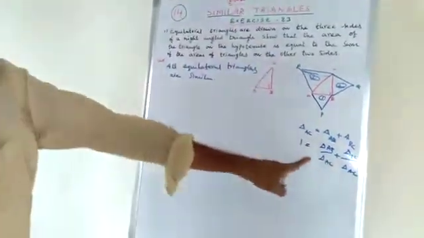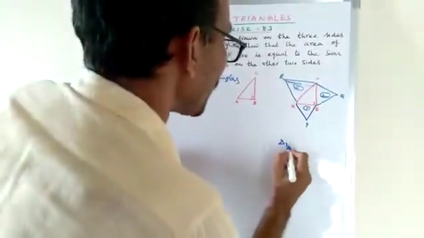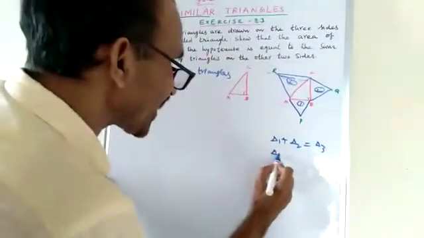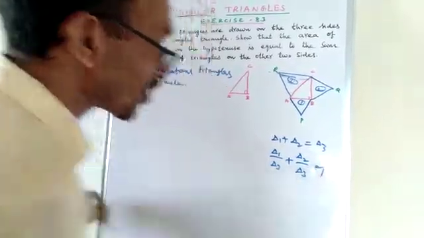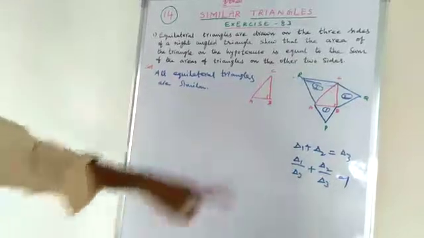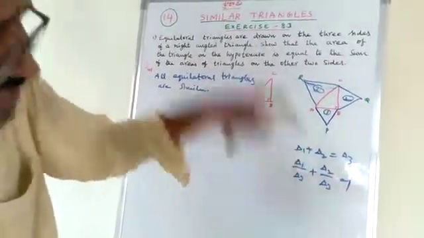Simply, triangle 1 plus triangle 2 is equal to triangle 3 we prove. So triangle 1 by triangle 3 plus triangle 2 by triangle 3 is equal to 1. If we can prove this, we get the result. So now I am ready to prove. We find triangle 1 by triangle 3 and triangle 2 by triangle 3.